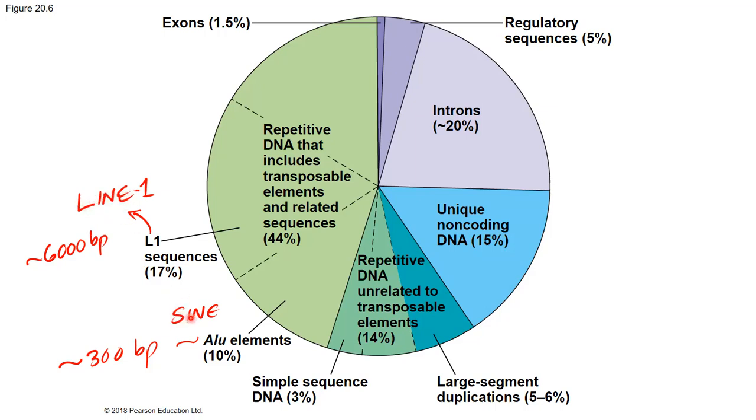This is short interspersed nuclear elements. Scientists estimate that there are 1 million of these elements within the human genome, scattered and found repeated throughout our genomes on all chromosomes. Okay.